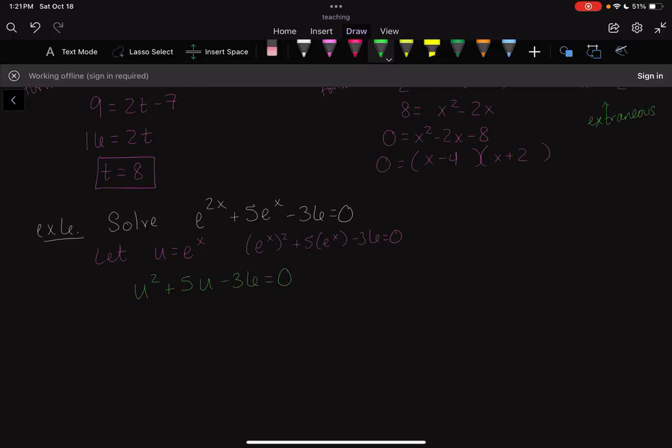Now this we can factor. Two numbers that multiply to get 36 but add to get 5 would be 9 and 4. So this would be u plus 9, u minus 4.